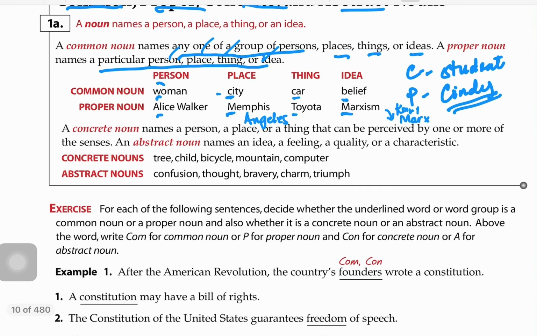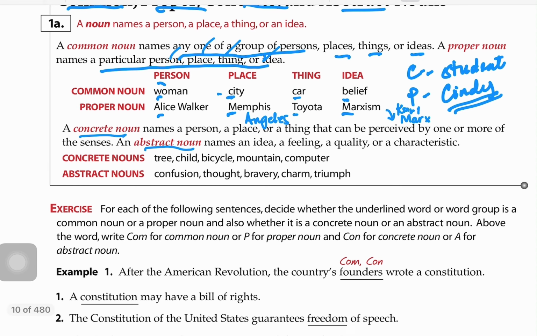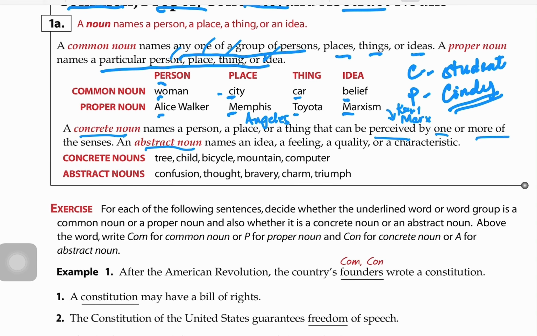So let's move on to the concrete and abstract nouns. When we say concrete, you could perceive that thing through your senses, although maybe not all of the senses, but at least one or more of them. Abstract nouns, on the other hand, show something that you cannot hold.